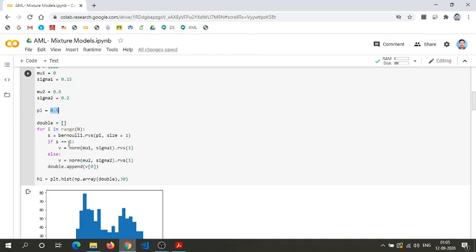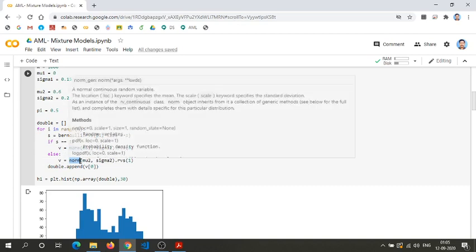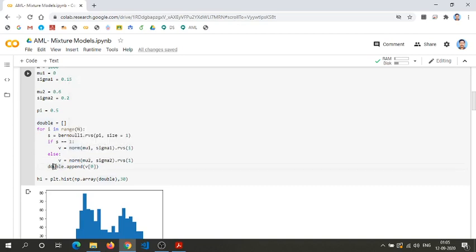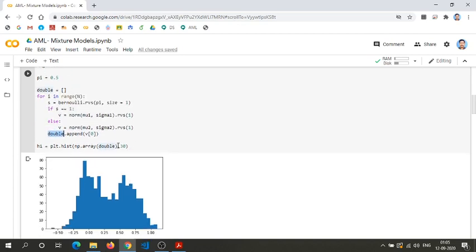If the value of s is equal to 1, then you sample from mu1 and sigma 1, the first normal distribution, the first Gaussian. Otherwise, you sample from the second Gaussian. You append your data to this list and you plot the histogram. You can clearly see that it's a mixture of two Gaussians. This is your first Gaussian and this will be your second Gaussian.